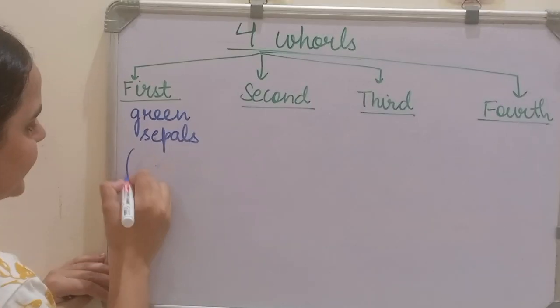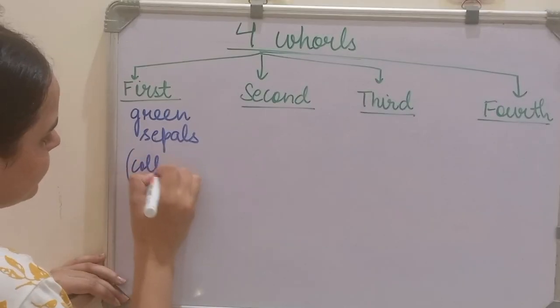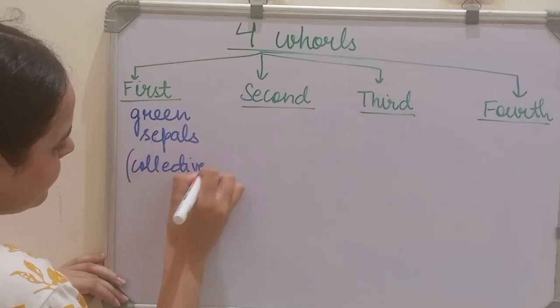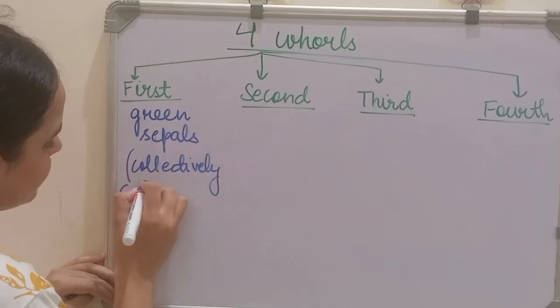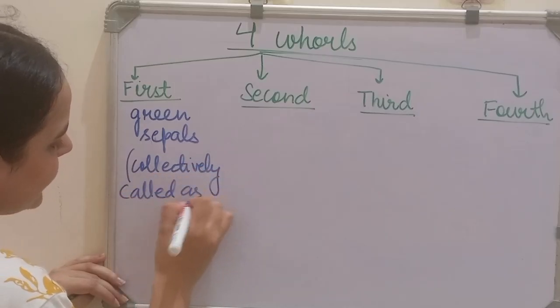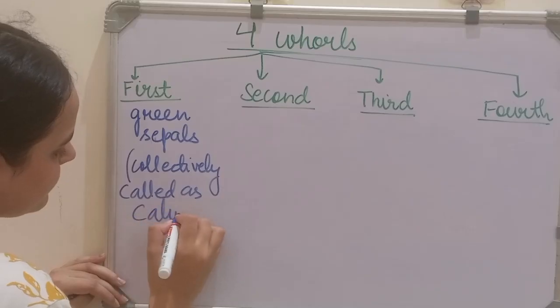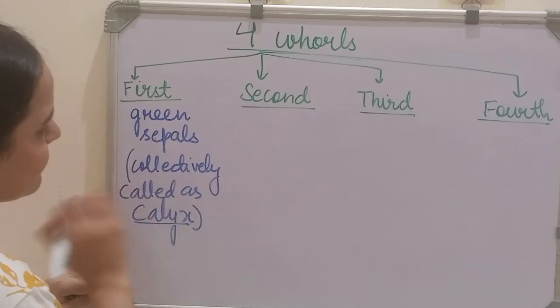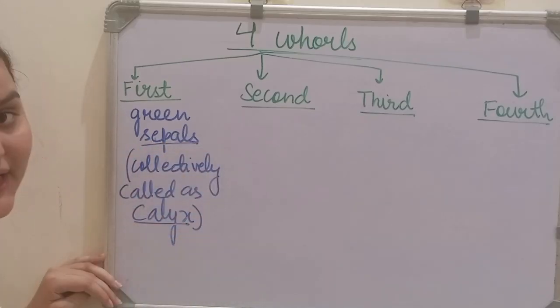So let's write it down. They are collectively called as calyx. Okay, remember this name, sepals and calyx.